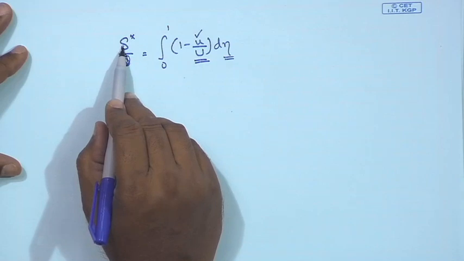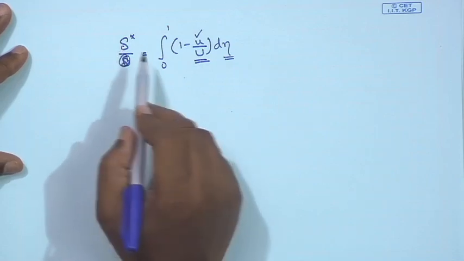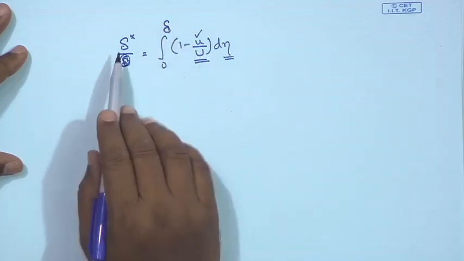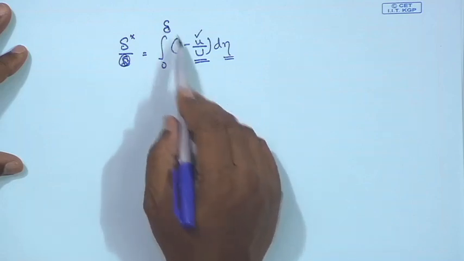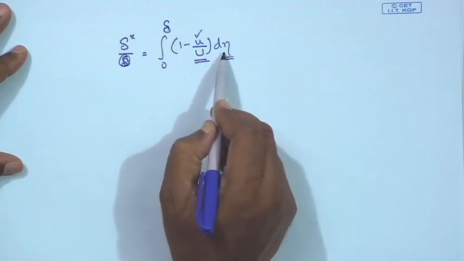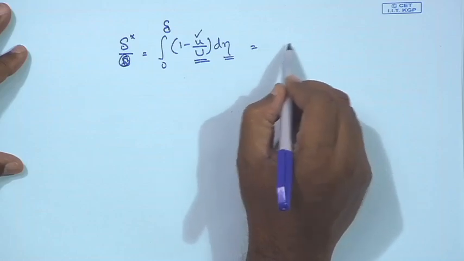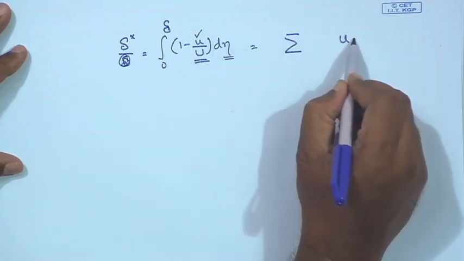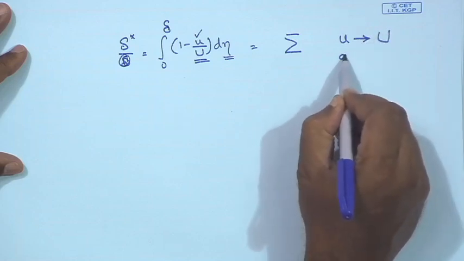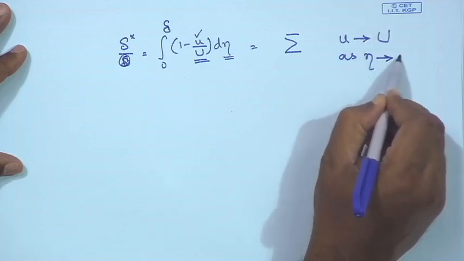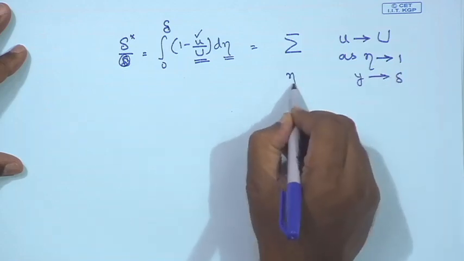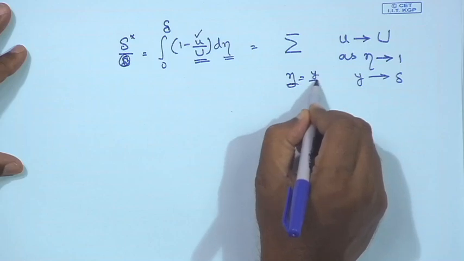The displacement thickness is simply given as delta star; if I make it from 0 to delta, it would be easier to understand. Delta star is the integral from 0 to delta of 1 minus small u by capital U d eta. If you express it as a summation term, you can see that u tends to capital U as eta tends to 1, that means y tends to delta, where eta is nothing but y by delta.